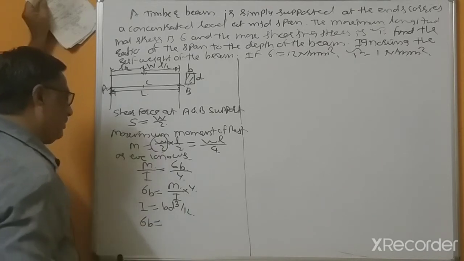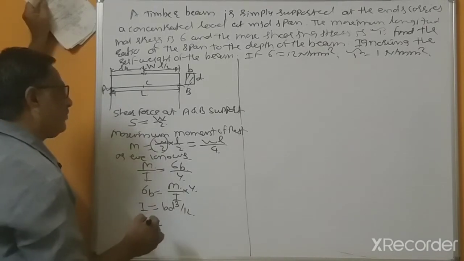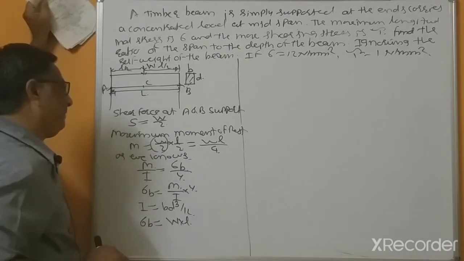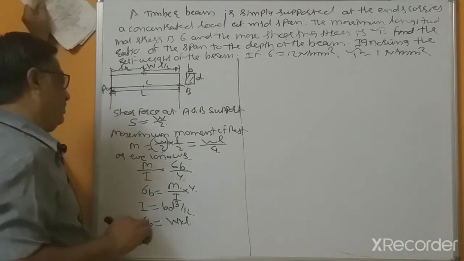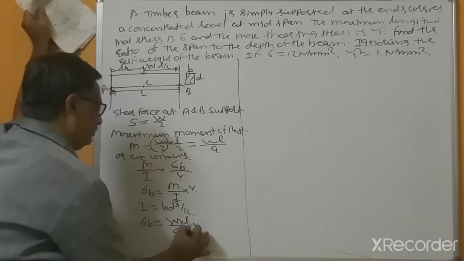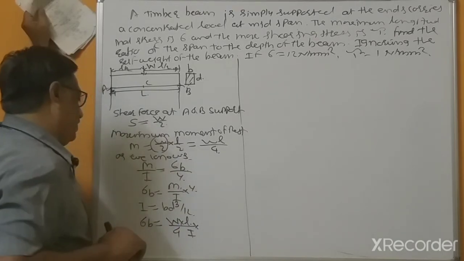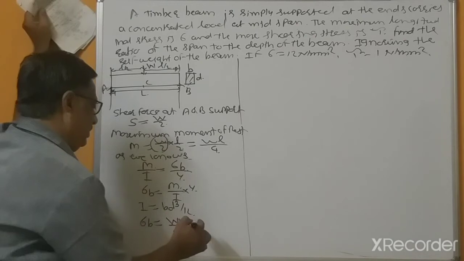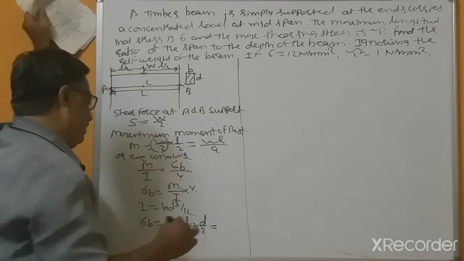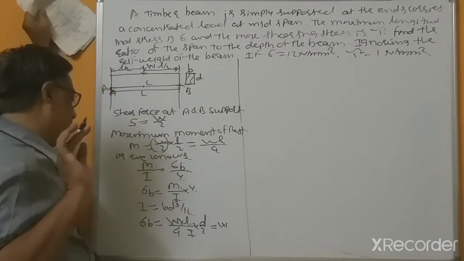So sigma B equal to M, that is W into L divided by 4, divided by I, and Y equal to D by 2. Right.